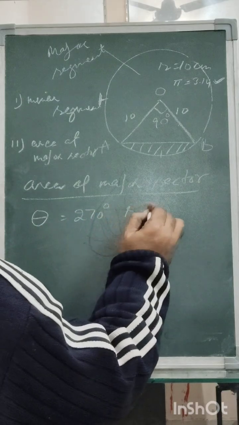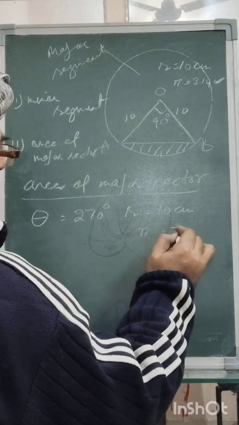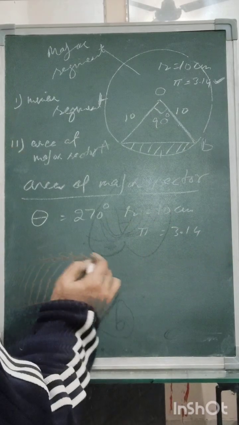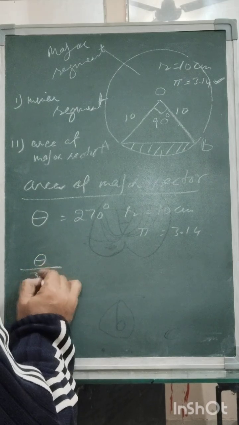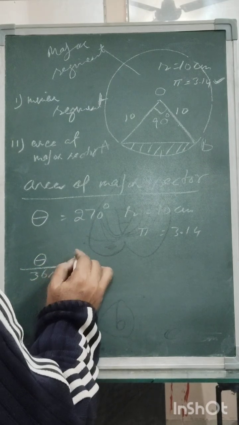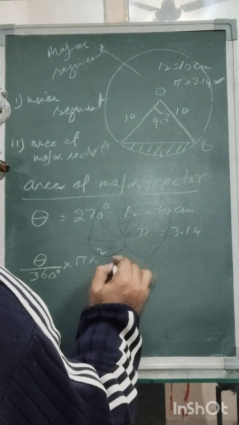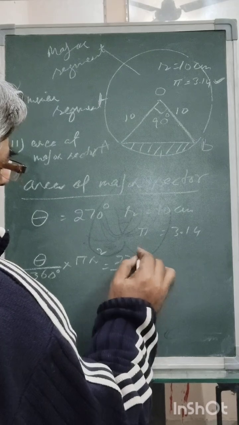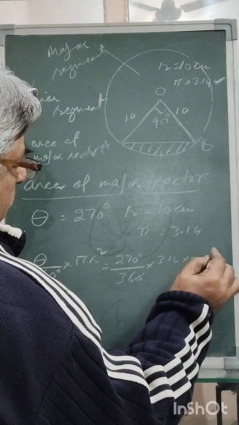Radius is given as 10 centimeter. Pi we have to take 3.14. The formula for the area of the sector is theta by 360 multiply pi r square. Theta is 270, divide by 360, multiply 3.14 into 10 into 10.